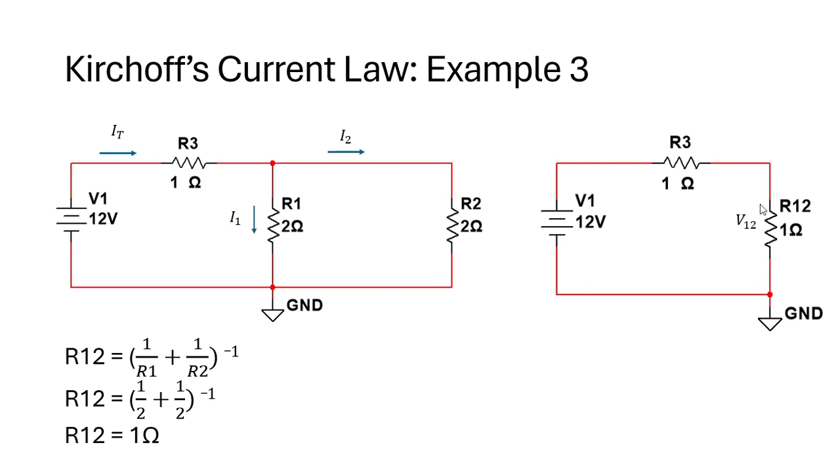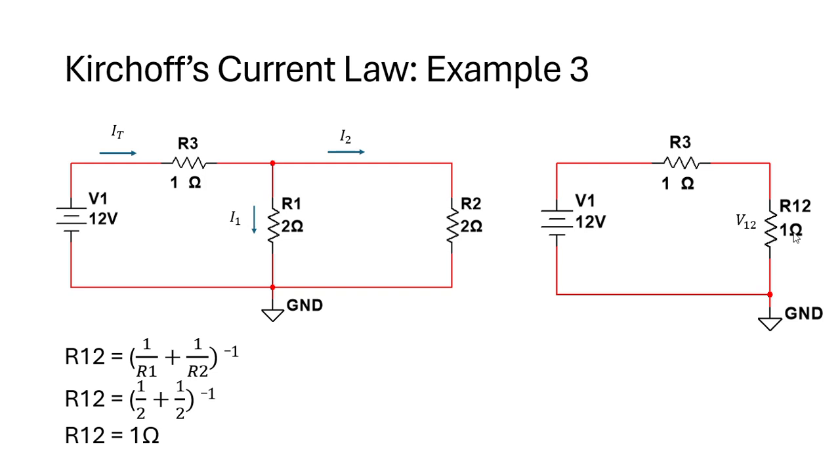When we look at this circuit here, remember what we're trying to figure out is the current here as well as current here and here. Well, since we have these two resistors that are in series, again, the current that's going in here is exactly the same current that's coming out here. Since these two are now in series, we can use voltage division in order to figure out what voltage we see across this R12 resistor, which we'll call V12.